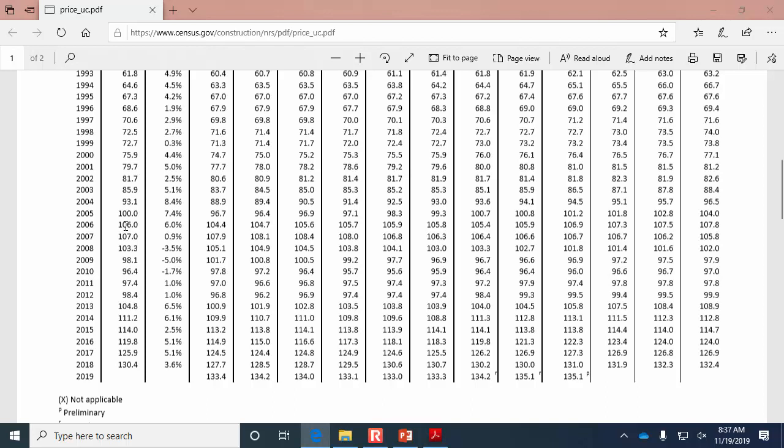So if you had a $100,000 house in 2005, then you can find out the cost of that same house in 2006 by multiplying the price by the ratio of the index.